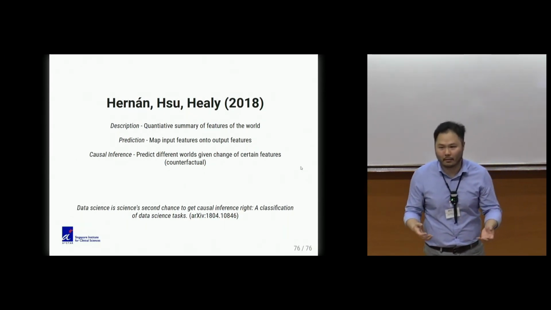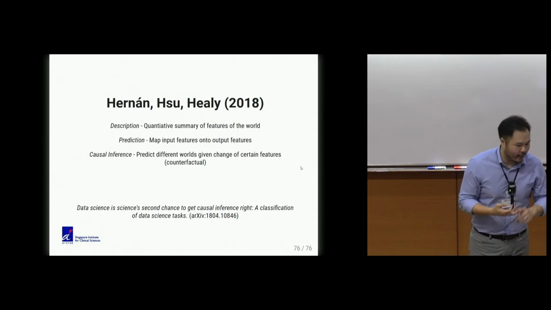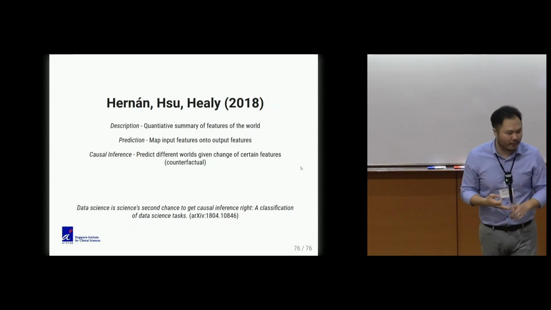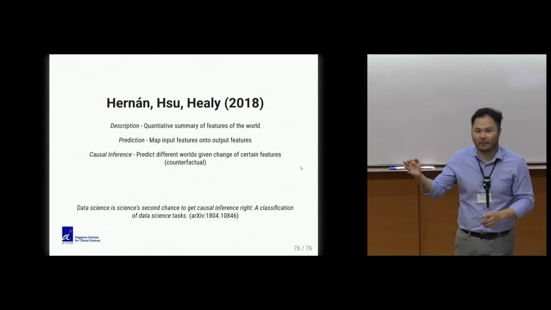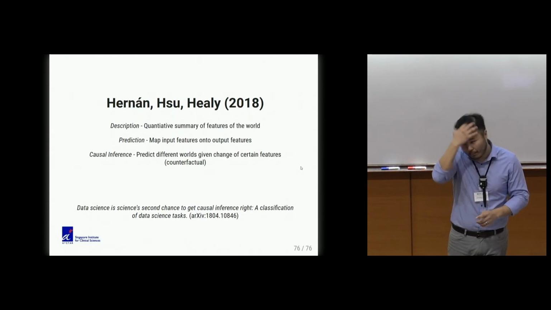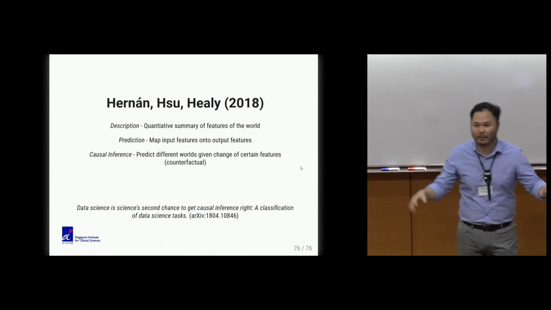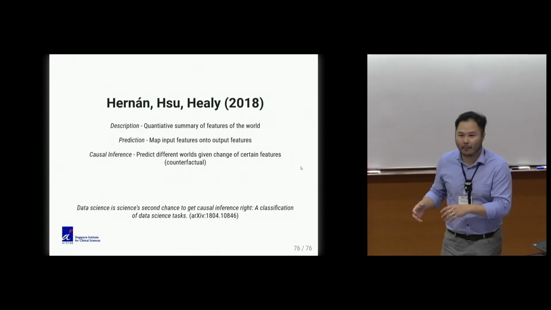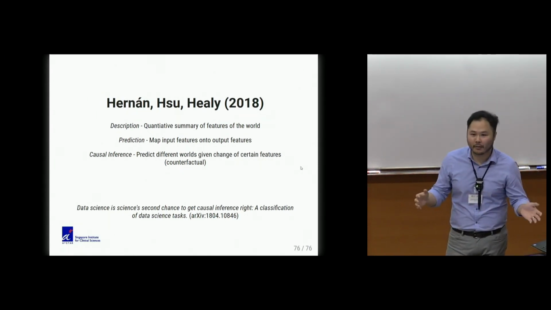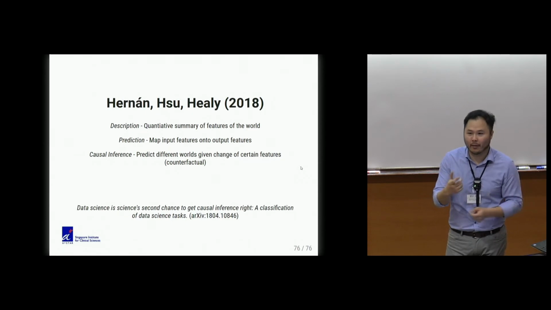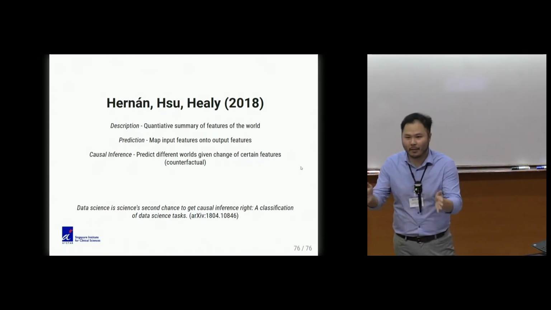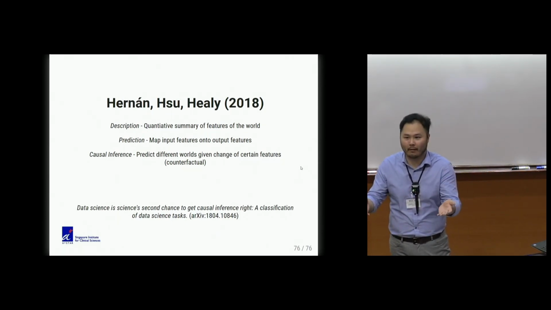We need to describe it, do our best to describe it. Next is prediction, which is a bit of a misnomer because we're not predicting anything in the future. It's all in the past. But can we do our best job in taking all of the input variables and mapping that into an output? So a lot of machine learning, for example, is just this. Can we best discriminate or classify one particular outcome?